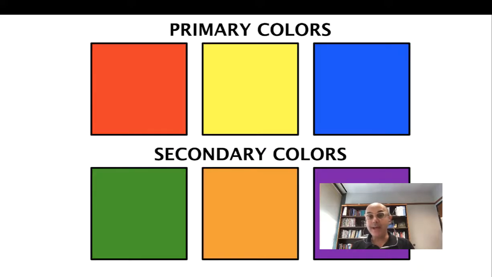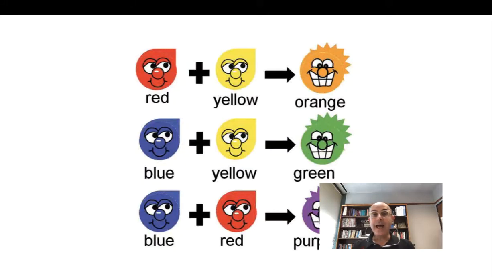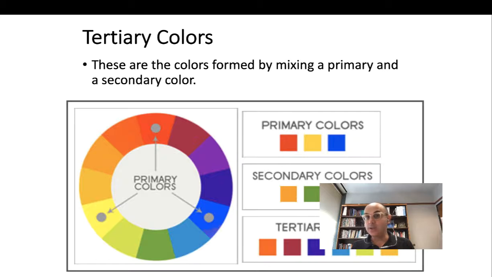So during the mix, we are able to take red and yellow to create orange, take blue and yellow to create green, and take blue and red to create purple. And again, this is the way for us to do that.